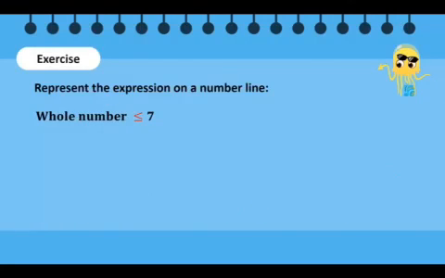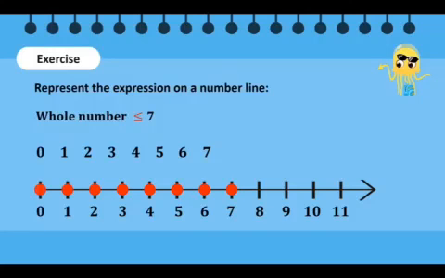How about representing the expression on a number line, whole numbers that are less than or equal to 7? Remember, less than or equal, so we must include 7. So if your answer is 0, 1, 2, 3, 4, 5, 6, and 7, then you are correct.